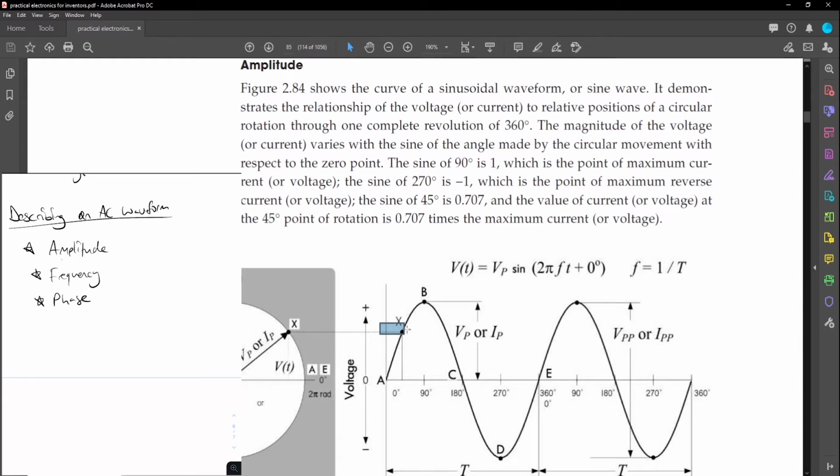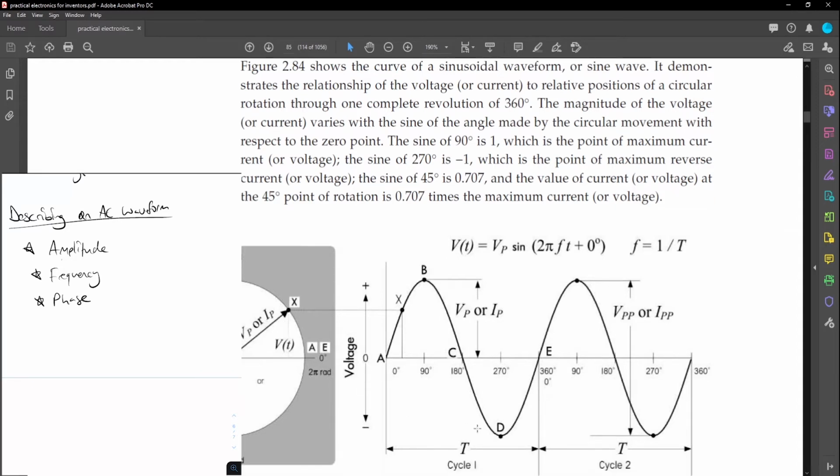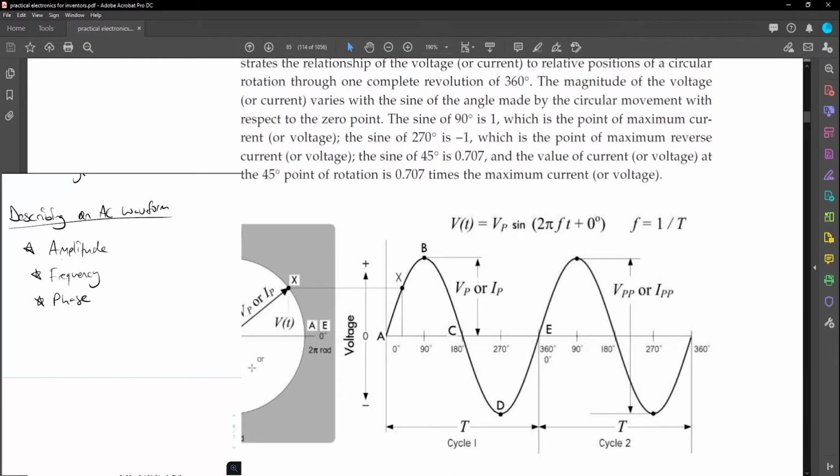Okay, so B is here, C is there at 180, A is there at 0, and D is down here at 270. So this is all relative. I kind of get that actually.